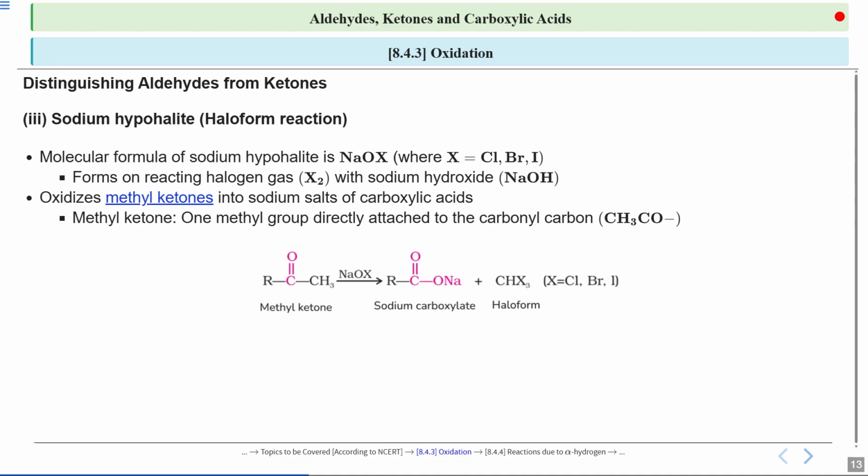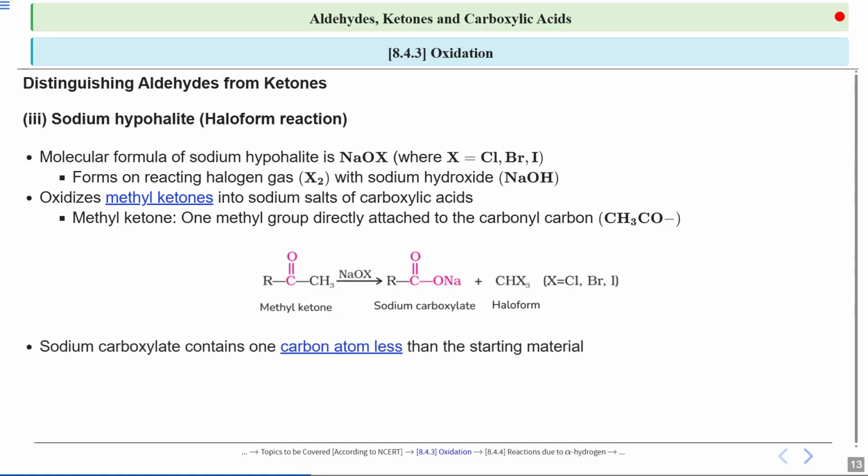When you react it with NaOX, sodium hypohalite, you get a sodium carboxylate and a haloform, CHX3. So in the haloform reaction, sodium hypohalite oxidizes the methyl ketone into sodium carboxylate, with the haloform as the side product. Here X in CHX3 can be chlorine, bromine, or iodine.